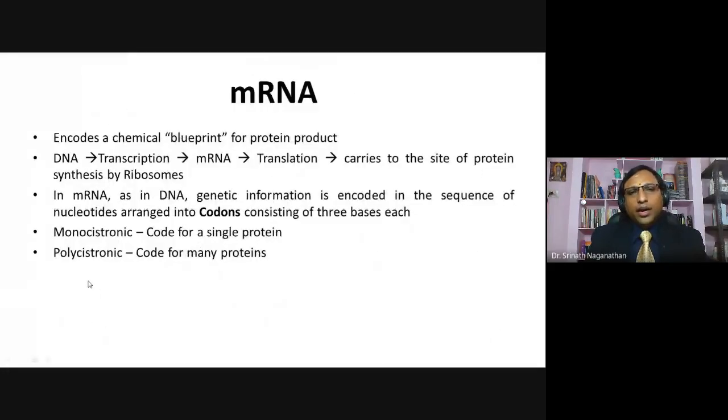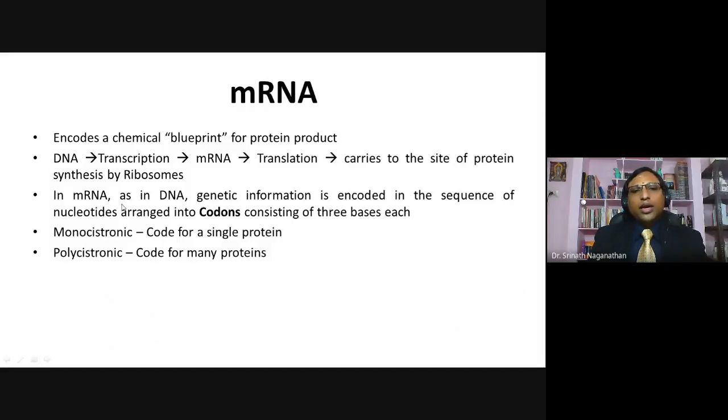mRNA encodes a chemical blueprint of our protein product. Directly from the DNA template strand, it forms the RNA, which is the mRNA, the blueprint used for protein synthesis. The DNA by transcription becomes mRNA, and by translation it is carried to the site of protein synthesis by ribosomes.